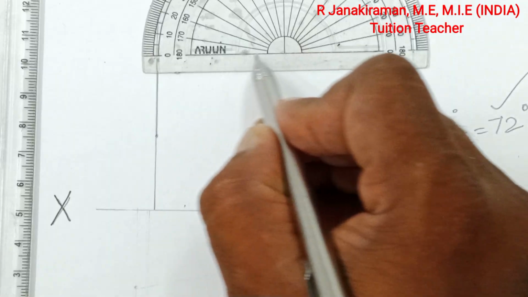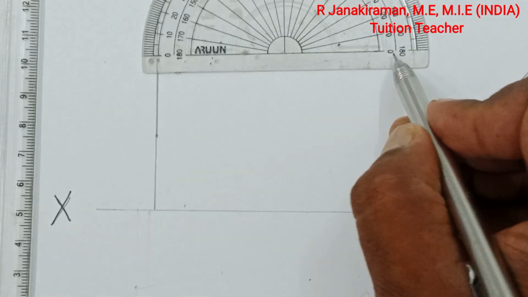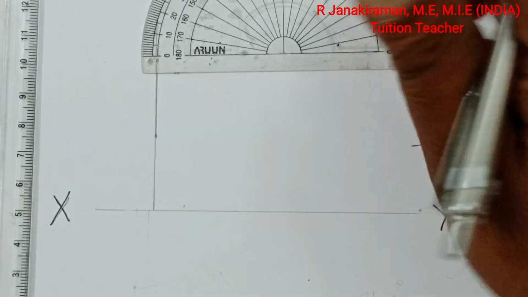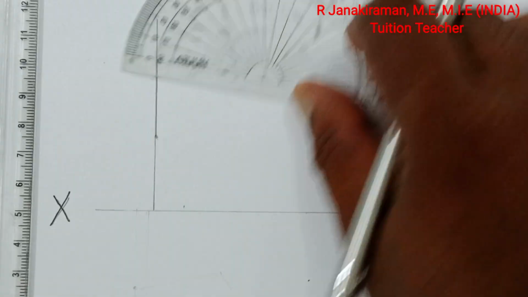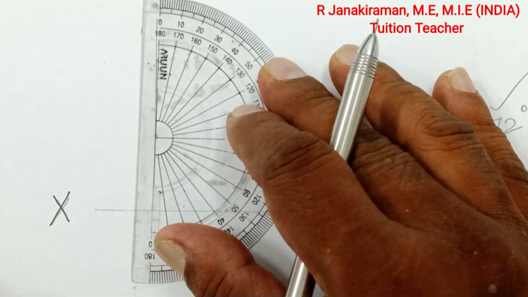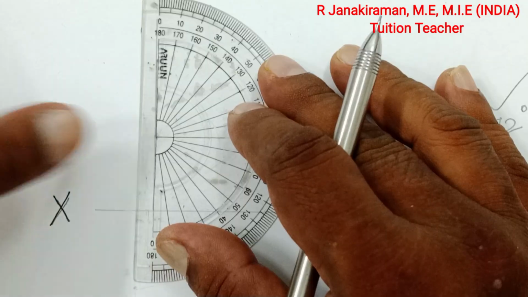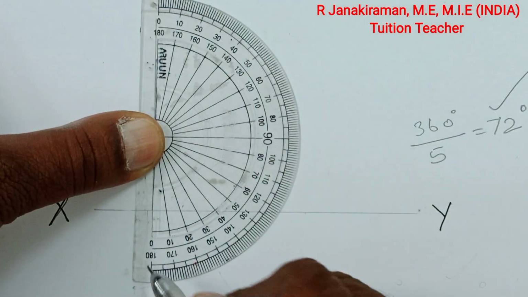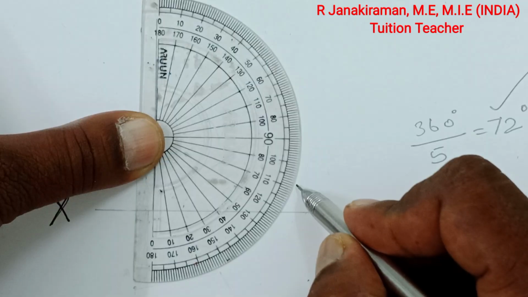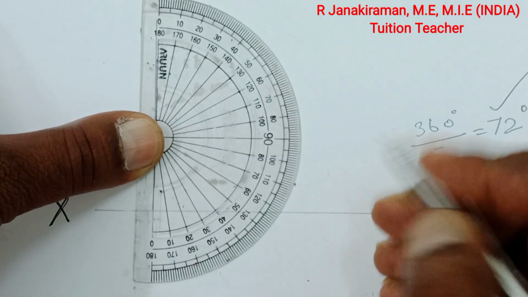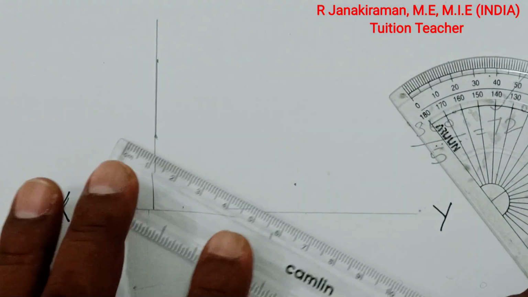This is the 0 line of the protractor, 0 degree. Turn your protractor, keep the center of your protractor at this point, and mark an angle of 72 degrees. Read like this: 0, 10, 20 on this scale. 72 means 70 plus 2 divisions. Join the marked points using the freehand scale.